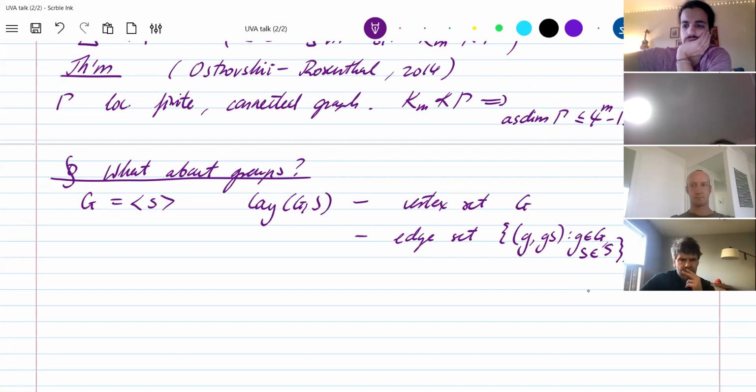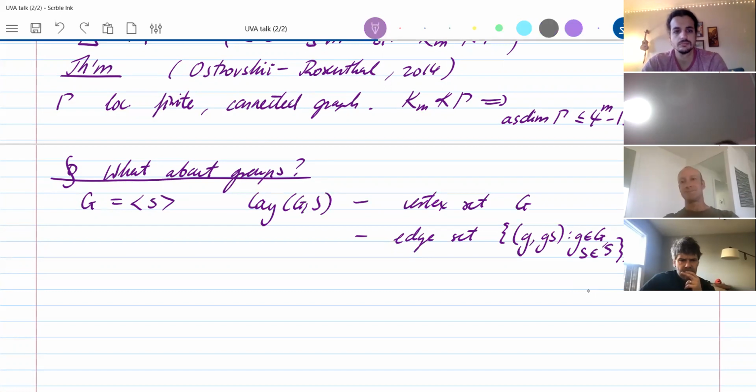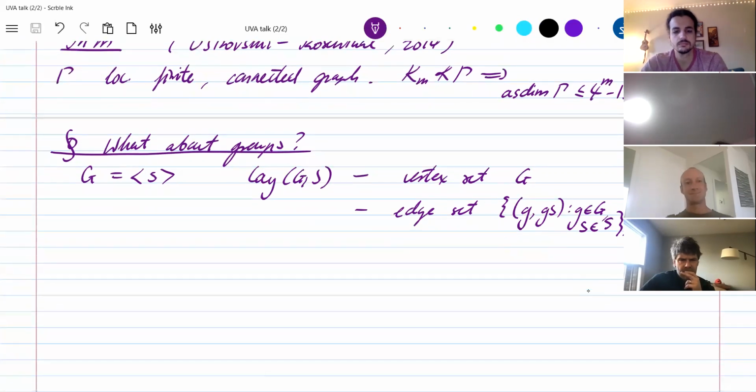Okay, so these graphs capture a lot of the properties of the group. They can capture even algebraic properties, analytic properties. And so one might ask, what about properties like planarity and minor exclusion for Cayley graphs of groups? And planarity was considered actually quite a long time ago by Maschke.